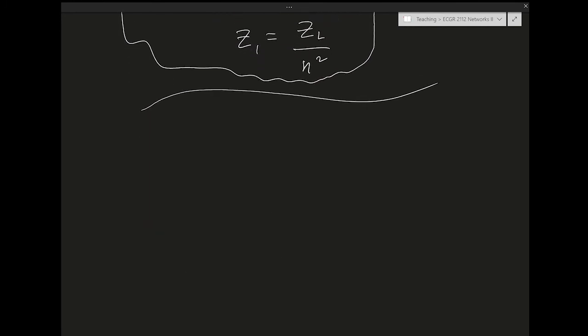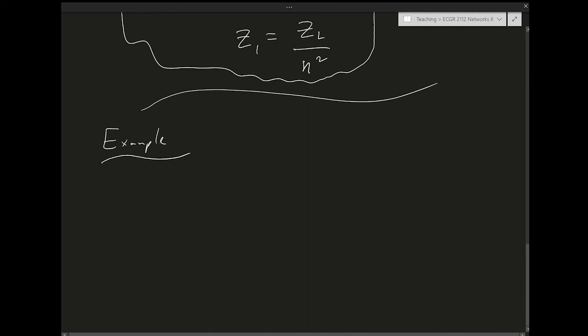Let's do now the first example. The example is as follows. We have 120 volts at 0 degrees, and I have I1 going into the circuit. I have 18 ohms, then I have minus j4, a capacitor.